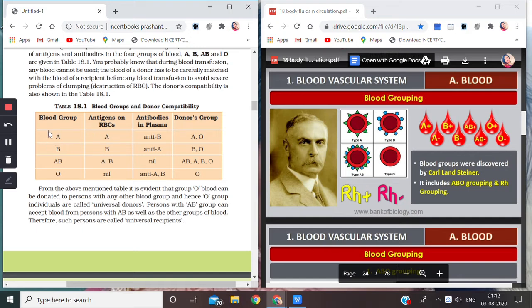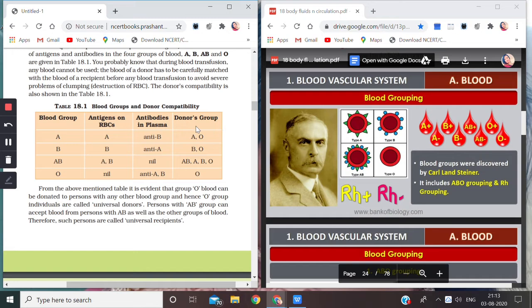The person who has blood group A can receive blood from a person who either has antigen A or has no antigen at all.